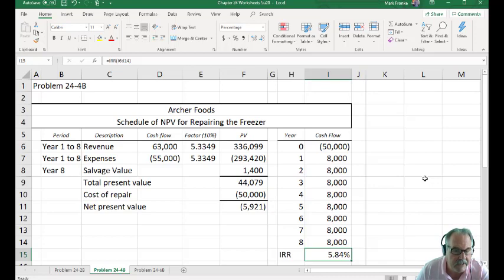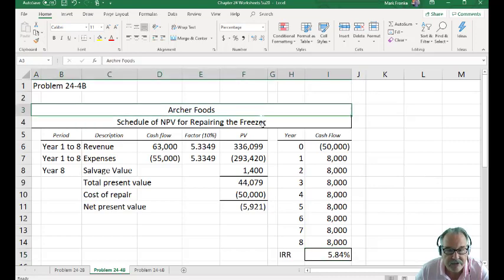So we've done the net present value on the left side, and we've done the internal rate of return on the right side. Now, the internal rate of return is very easy when you use Excel. It's impossible to calculate it unless you have an internal rate of return function in your calculator, which if you have a financial calculator, most of them do have that. But I did this just to illustrate how this works.